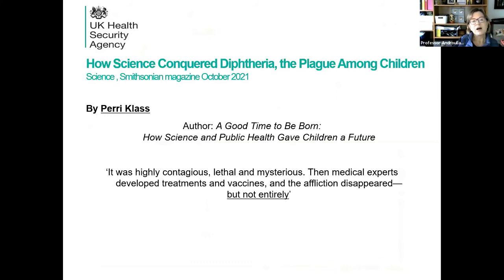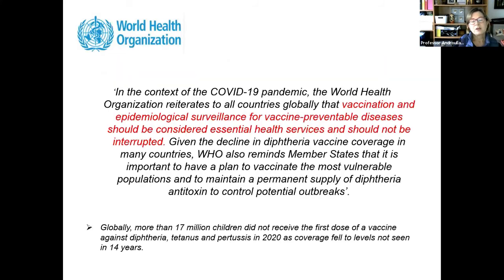And they said it was highly contagious, lethal, and mysterious. Then medical experts developed treatments and vaccines, and the affliction disappeared, but not entirely. I recommend that if you can get hold of this, you need to read it. It's really interesting. So I'd just like to finish from this warning from WHO.